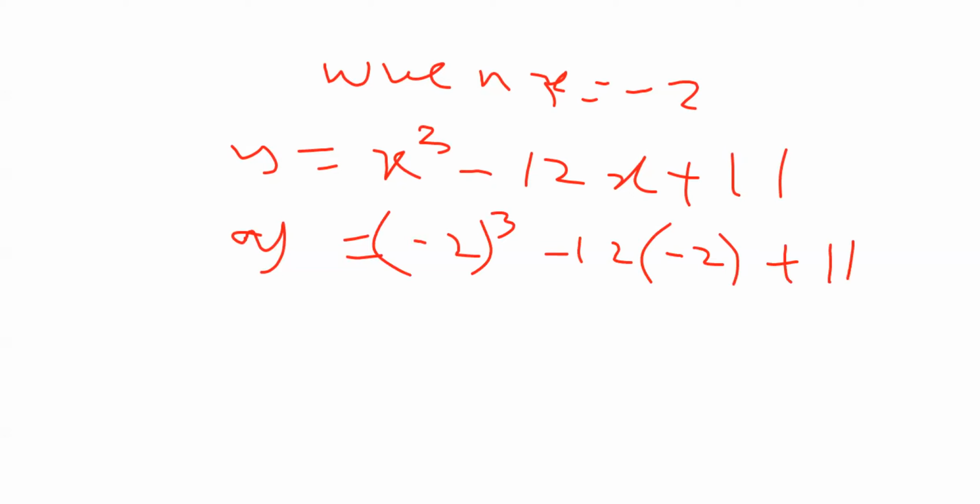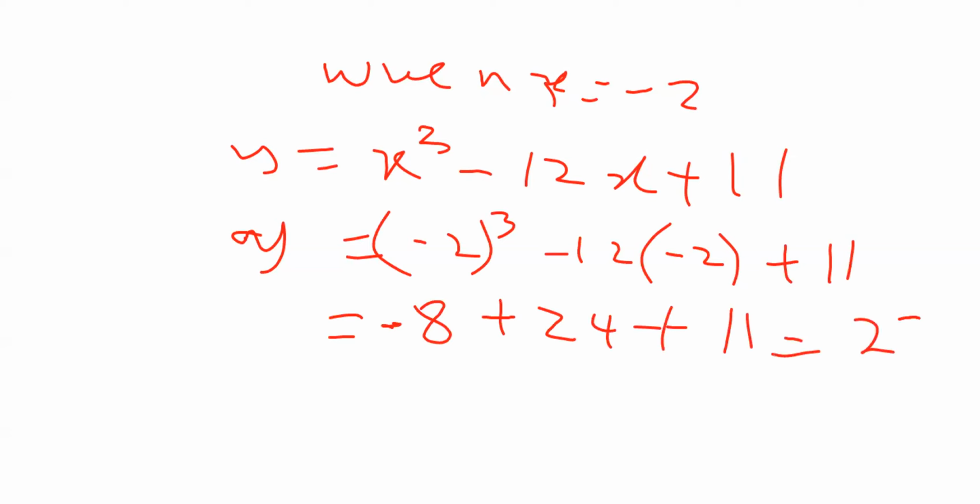So here is -8. Yes, -8. That's 4 plus 11. That's 27, Abby. Yeah, 27. So this is maximum.